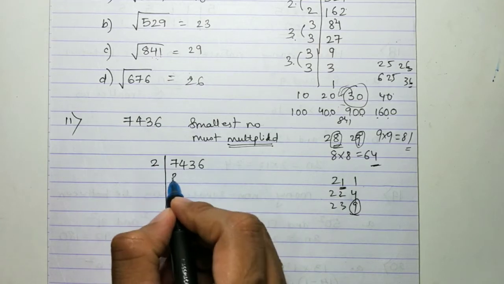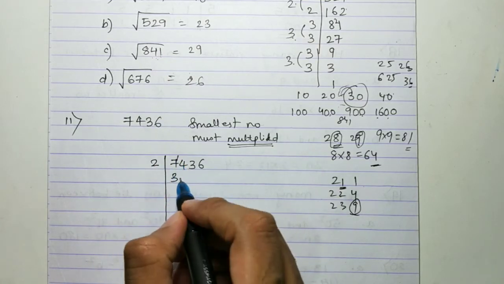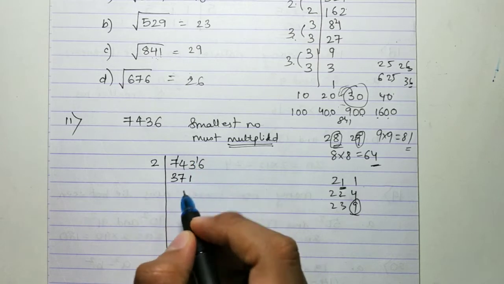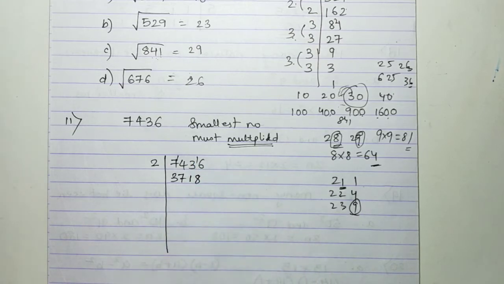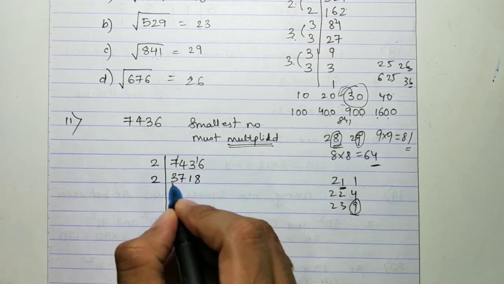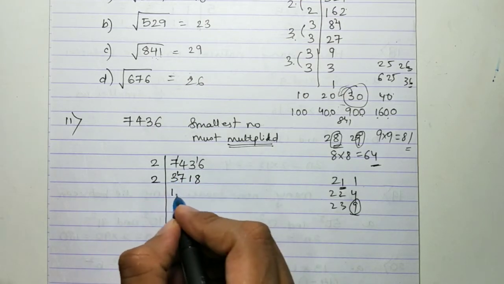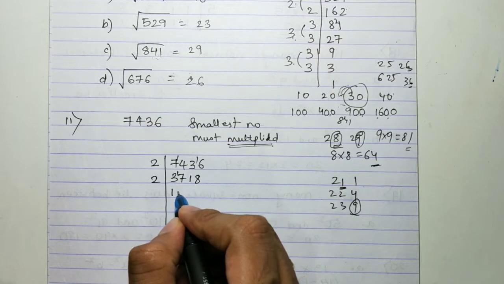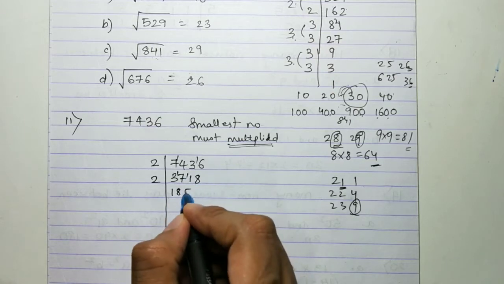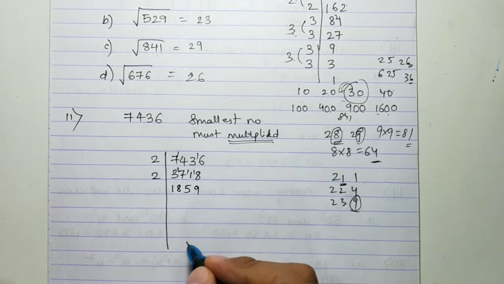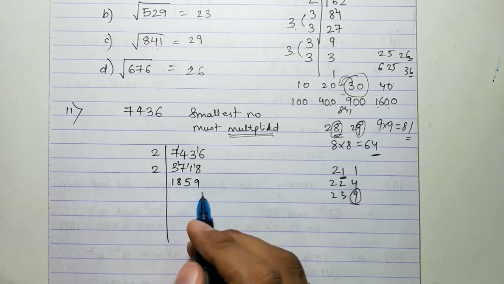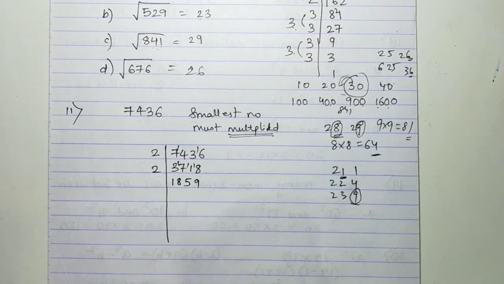Start with 2. 2 3s are 6, 2 7s are 14, 2 1s are 2, 16, 2 8s are... Then 2 1s are 2, 2 8s are 16, 2 5s are 10, 2 9s are... Then we have to divide this number further.